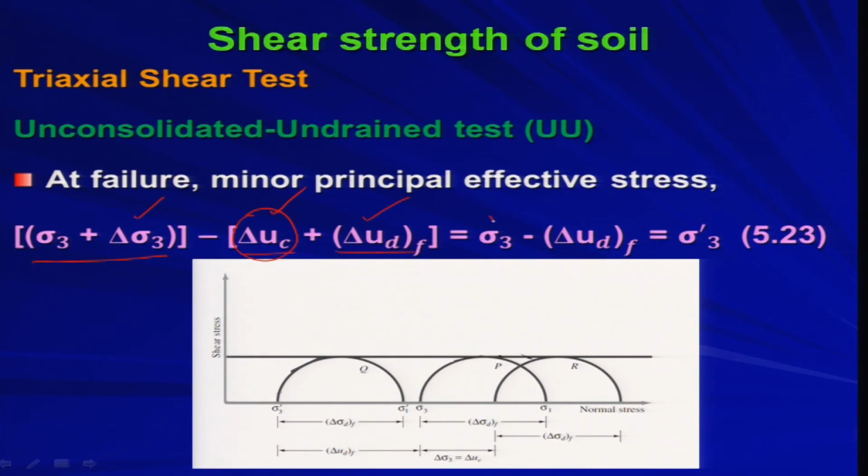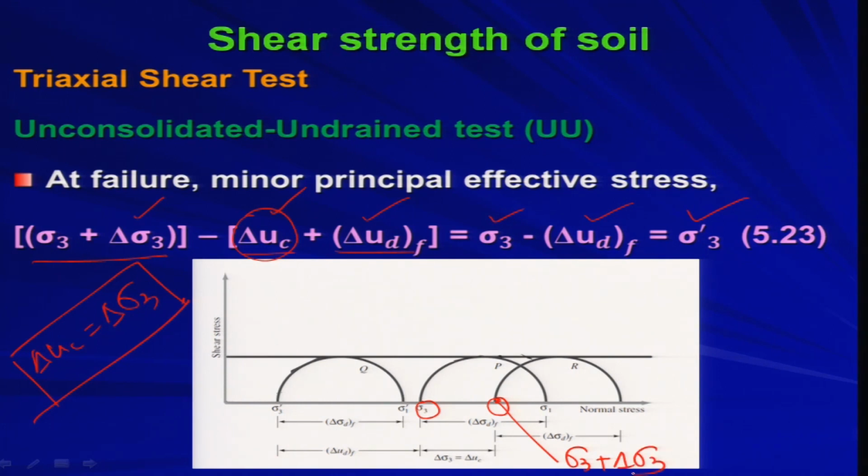Ultimately, this delta UC is nothing but delta sigma 3, as we have already seen. So, you are getting sigma 3 minus delta UDF, which is nothing but your sigma 3 prime. If you look at this figure, this is your sigma 3, and the new point is sigma 3 plus delta sigma 3, and due to that you are getting some pore water pressure generation, delta UC.